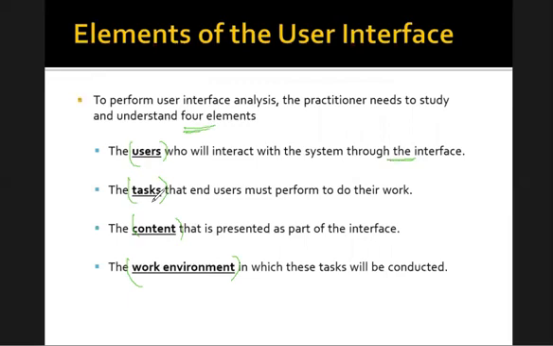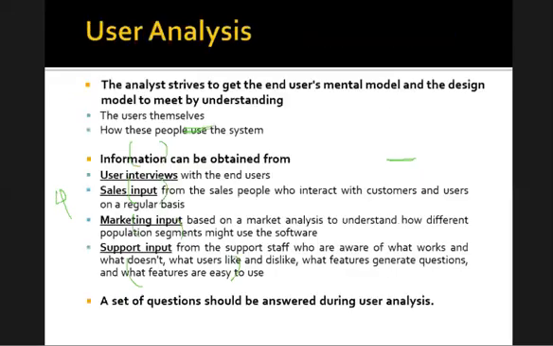Tasks are what the user is going to perform to get the work done. The content is what you're going to get from the interface or pass on to the interface. The work environment is the environment you're working in, whether it is real time, what type of environment that is. So these are the four different elements of your user interface.